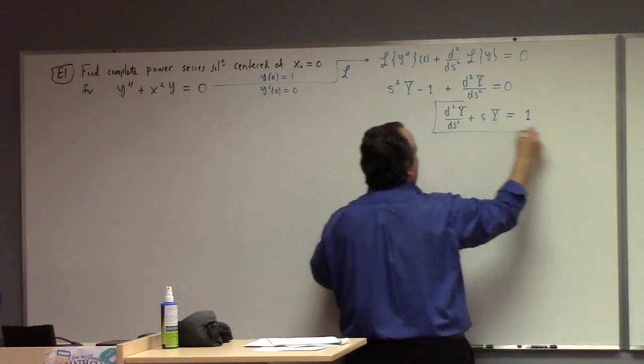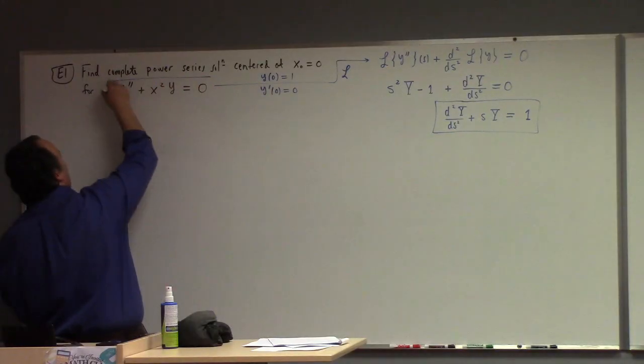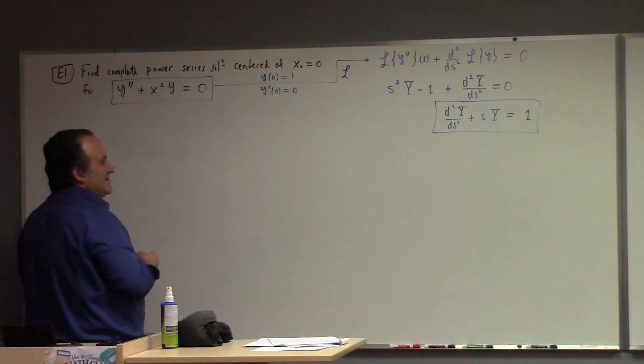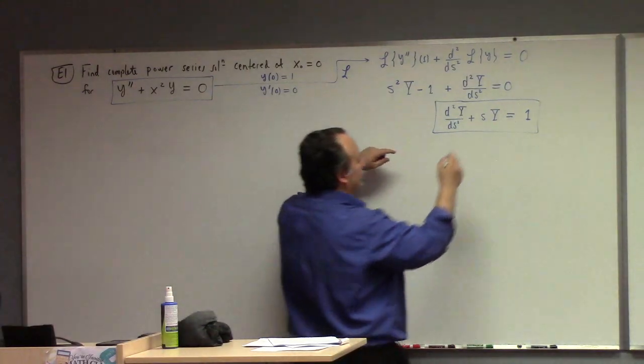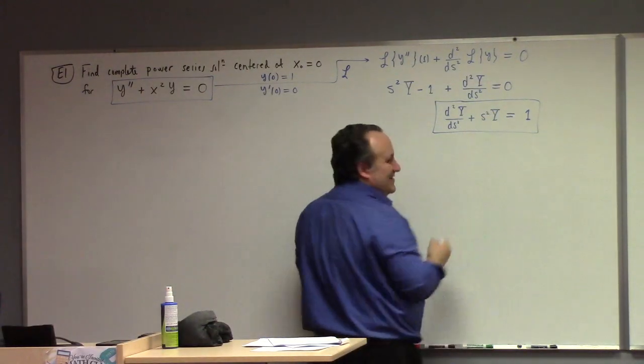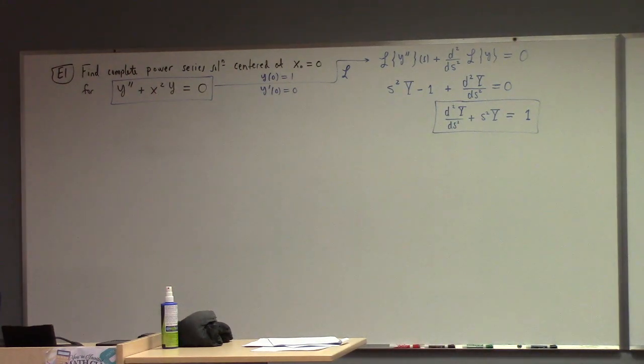Compare that to the given differential equation. Oh, that was an s squared, right? Isn't that wacky? This is the same thing, but now it's non-homogeneous. It's worse in the s domain. So obviously I proved my point: Laplace transforms will not help us here, right?